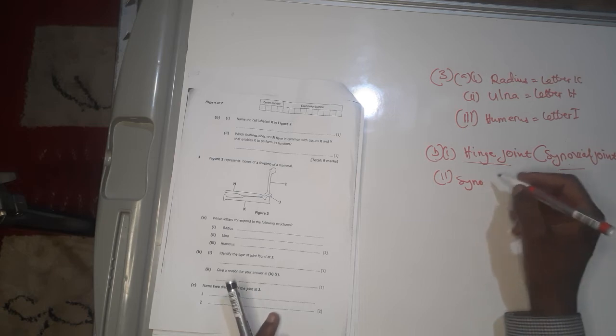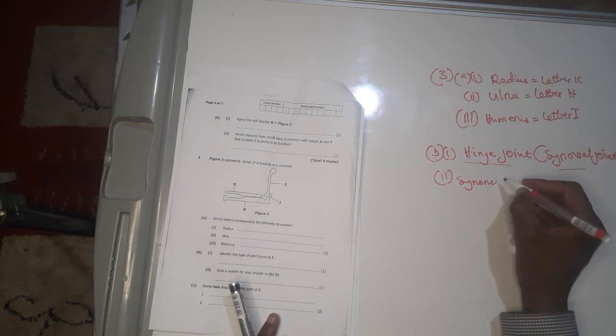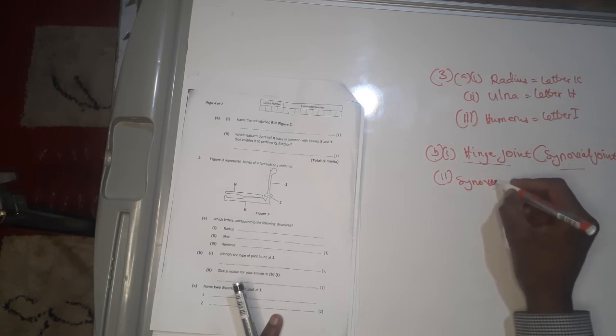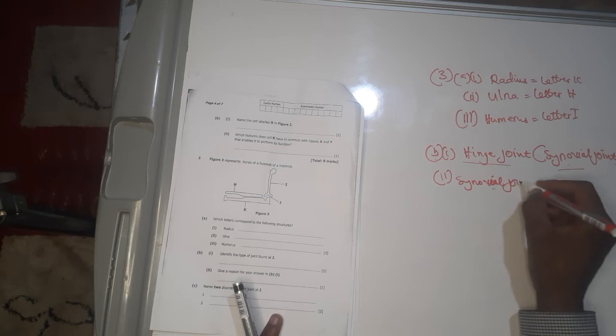Okay, so for the synovial joint, the reason will be because it is made up of the synovial membrane.